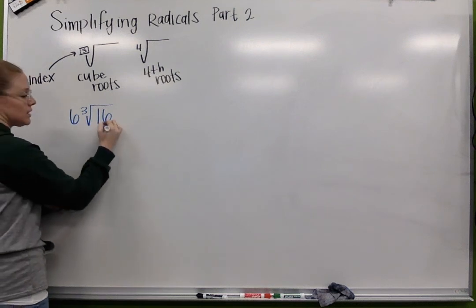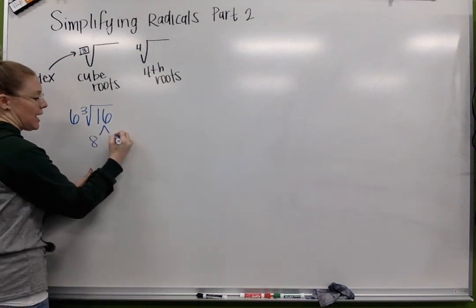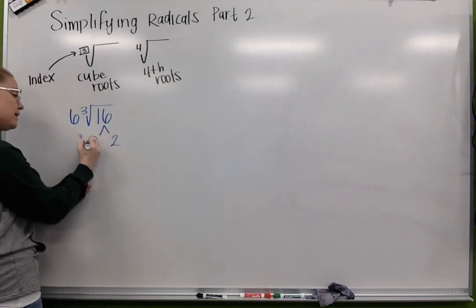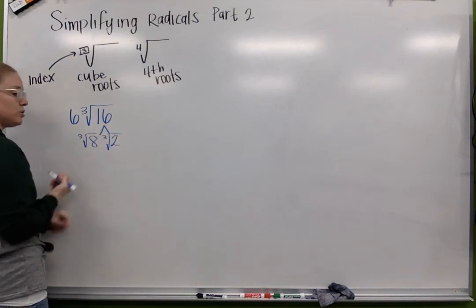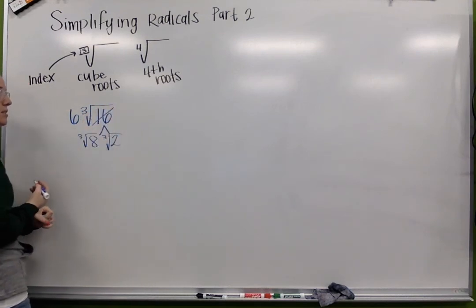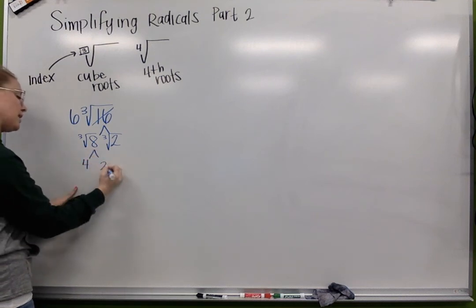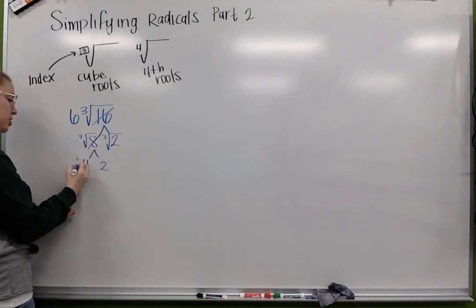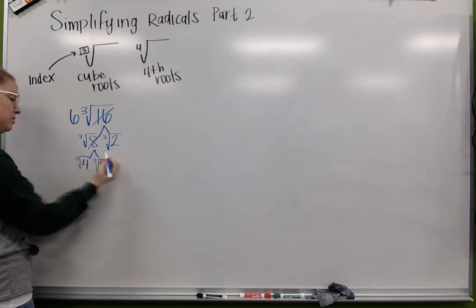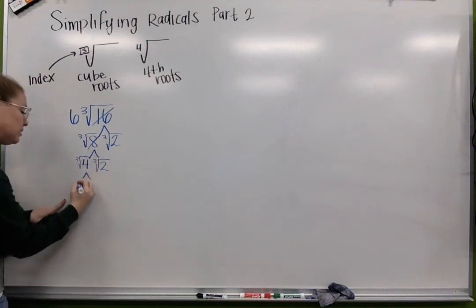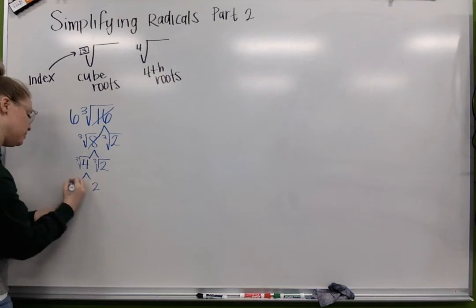So 16 is going to give me 8 and 2, and then I'm going to cube root those 2 factors. Again, that 16's gone. 8 becomes 4 and 2, and I'm going to cube root those factors. 4 becomes 2 and 2.